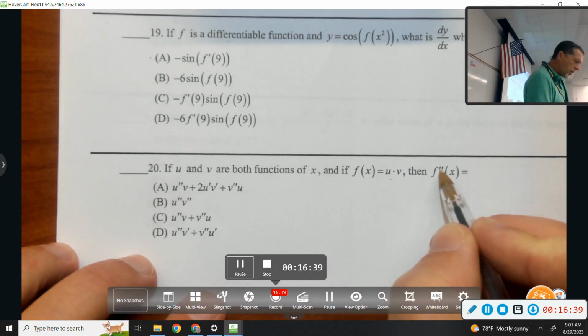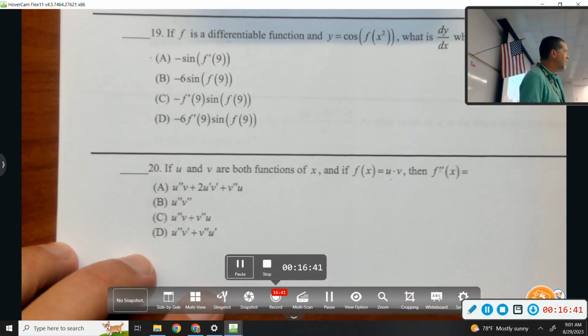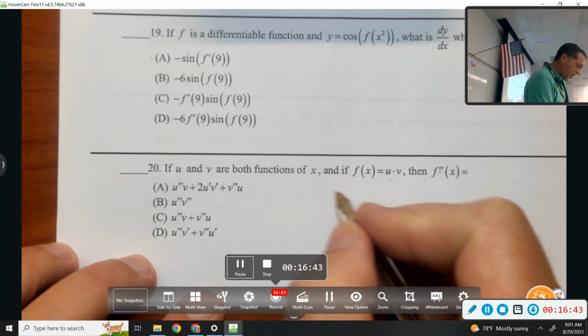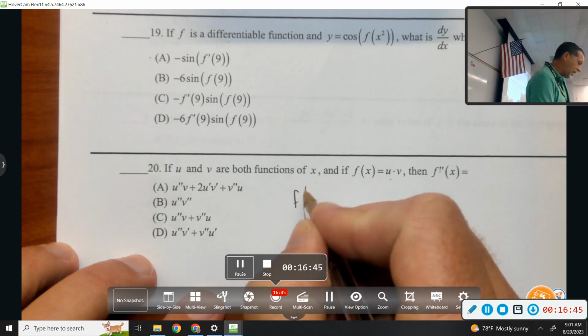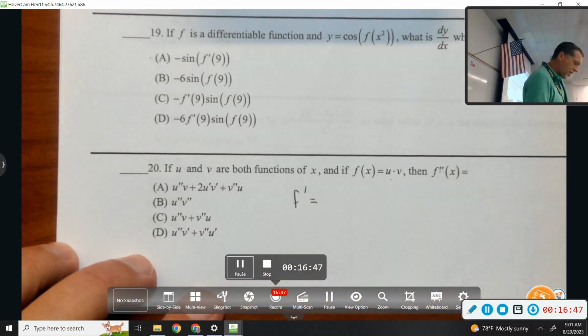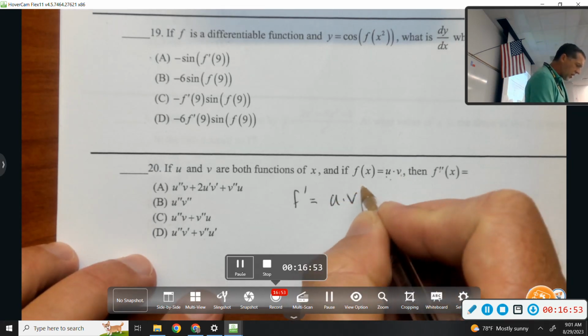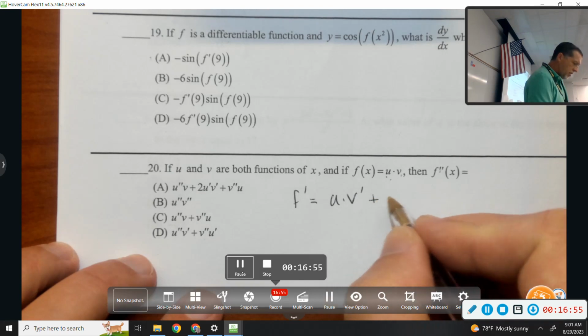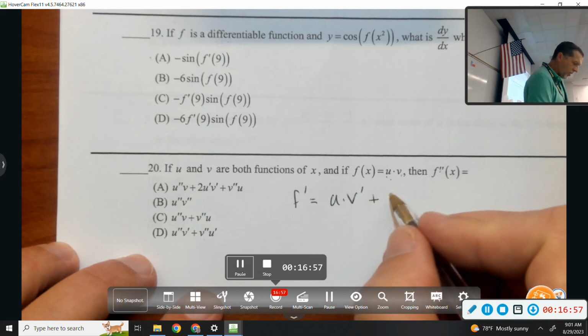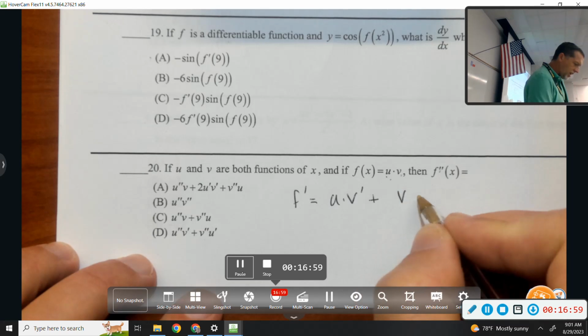What do the 2 marks mean? Second derivative. So I need to find the first derivative and then take the derivative of that. So product rule is one of them times the derivative of the other plus the other way around. So I guess v times u prime.